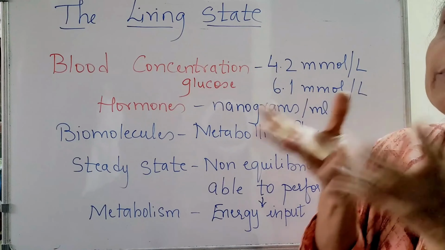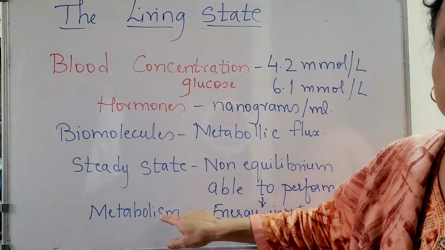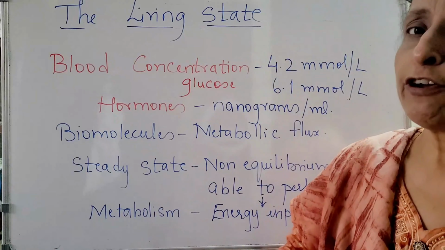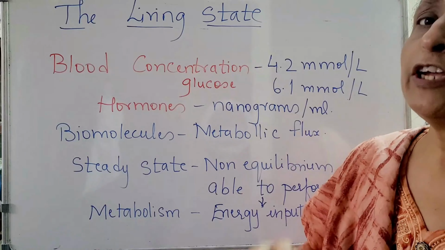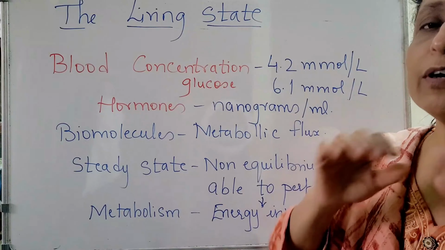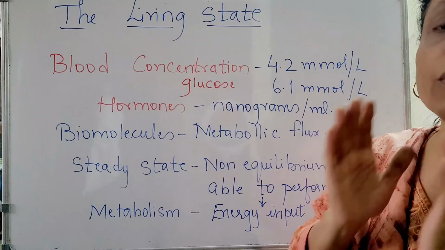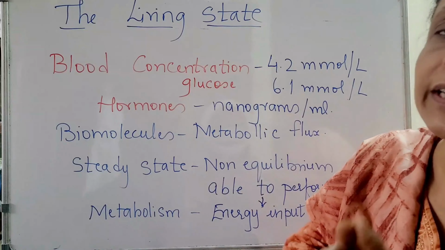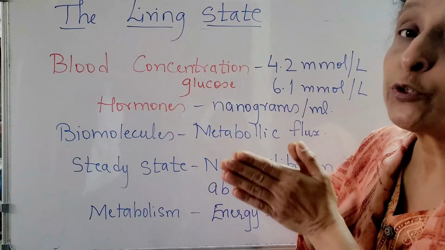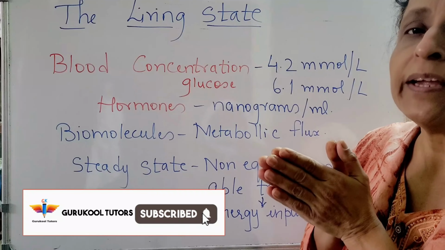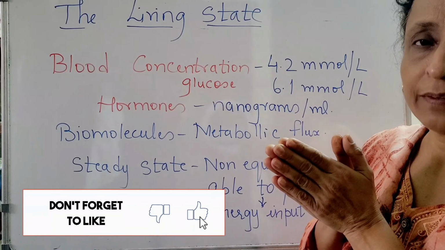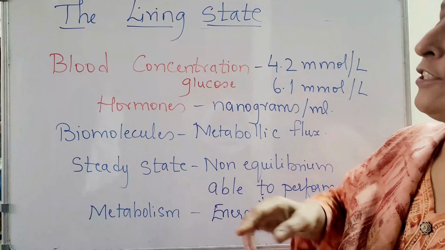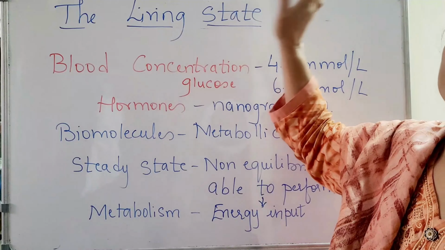Because there is input of energy due to metabolism. So there is metabolism, there is formation of organic compounds, biomolecules which are in definite amounts. It should not be less or more. It should follow a definite path for continuous reaction to take place, to be in a non-equilibrium state, so that the chemical reaction goes on continuously, and that leads to the living state.